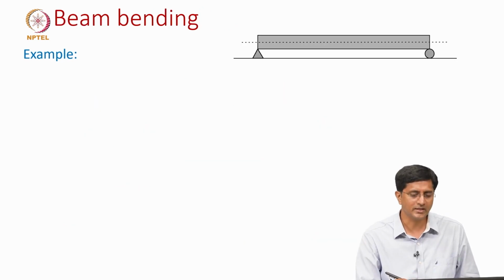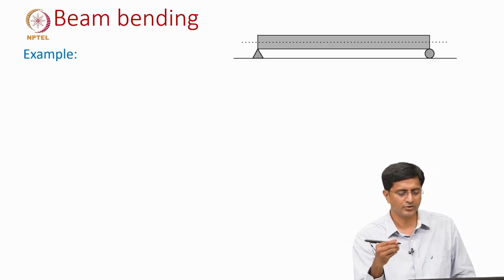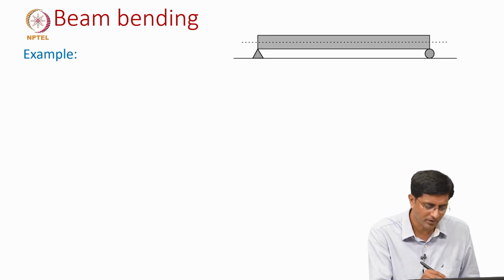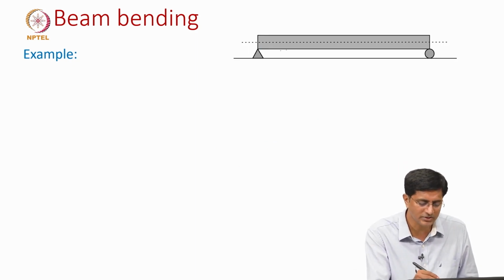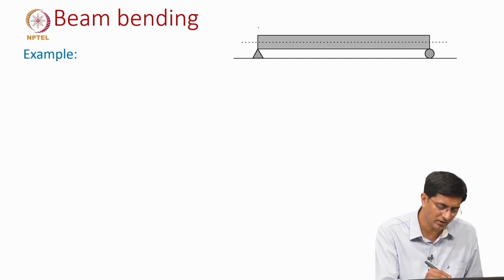Now, let us look at another example where we have loadings occurring on the beam. So, let us see. So, here we see a beam which is supported at both ends, and let us take the loading as UDL, uniformly distributed load.